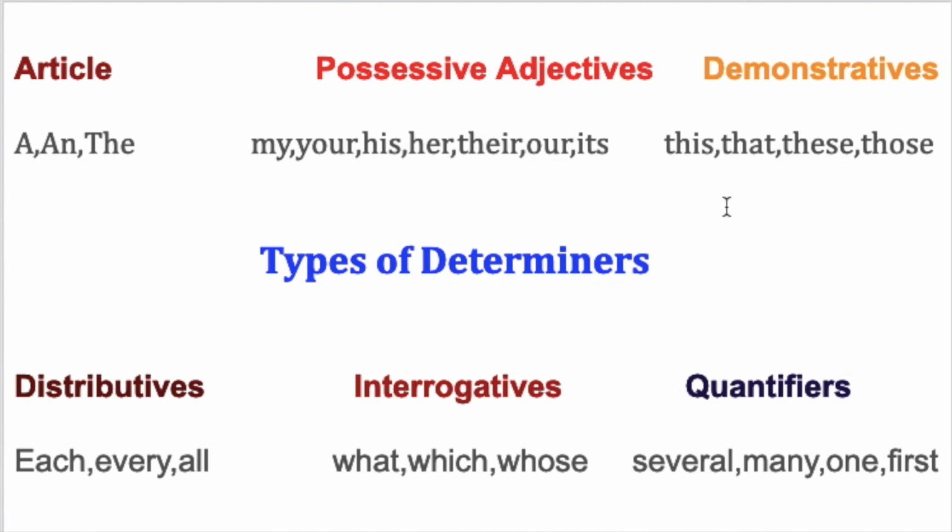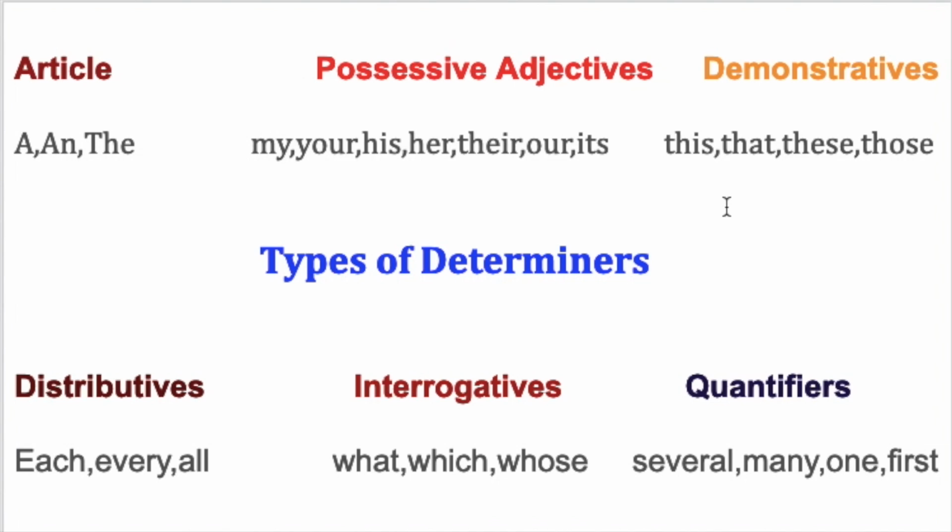Demonstratives like this, that, these, those books, this pen. Okay. Distributives, each, every, all men are equal. So all, it is talking about the whole class of people.